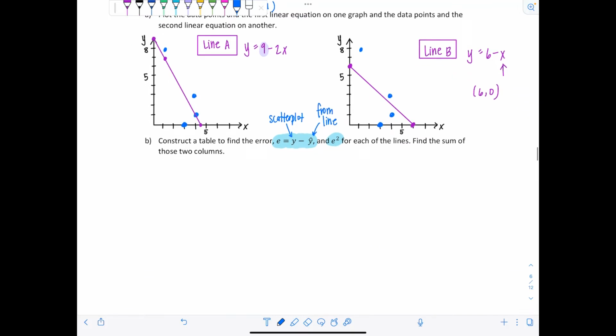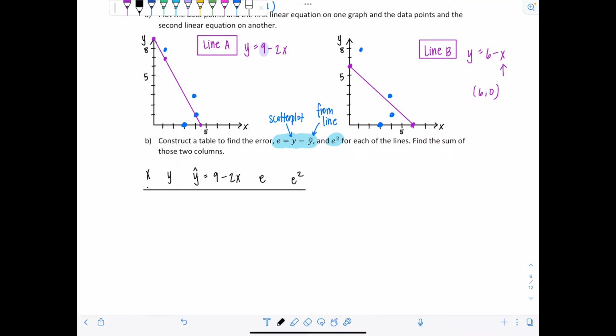So here we're going to make a little table. I'm going to have x, y. y hat is what the line is telling me, okay? And then let me write out y hat, the equation of the line. So for line A, it's 9 minus 2x. And then we'll have the error and then the error squared. Okay. I feel like that was crooked.